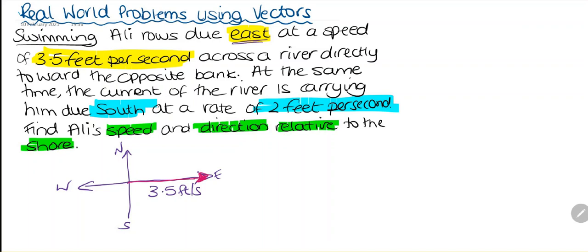At the same time, the current of the river is carrying him due south. So the current of the river is taking him down to the south. And this is at a rate of 2 feet per second. So we need to find Ali's speed and direction to the shore.